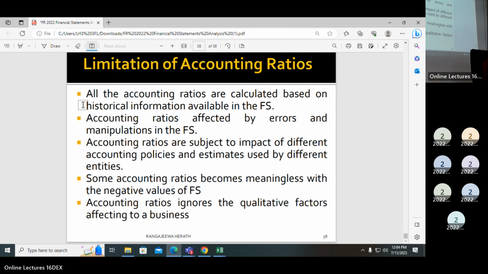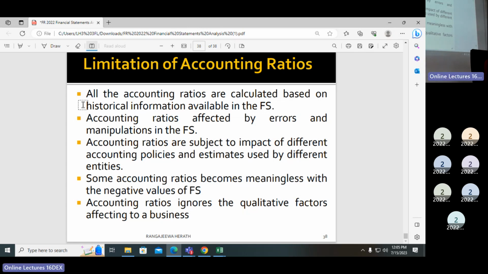Errors mean unintentional. Manipulation means intentional. Sometimes the financial statement may be manipulated to show higher profit, higher income, right? So lower debt equity ratio, something like that. So if the financial statements have some errors or manipulations, ratios are affected by them. So financial statement වල මොනවා හරි වැරද්දක් තියෙනවා නම් ratio එක වරදිනවා, එතකොට අපි වැරදි interpretation එකට එනවා. That's a limitation.